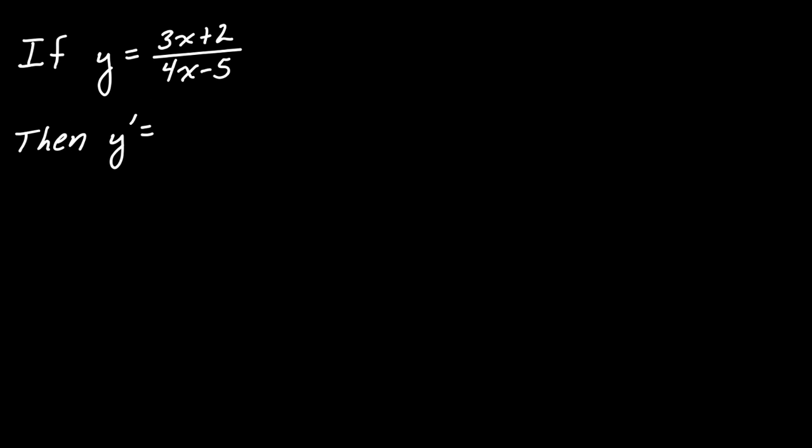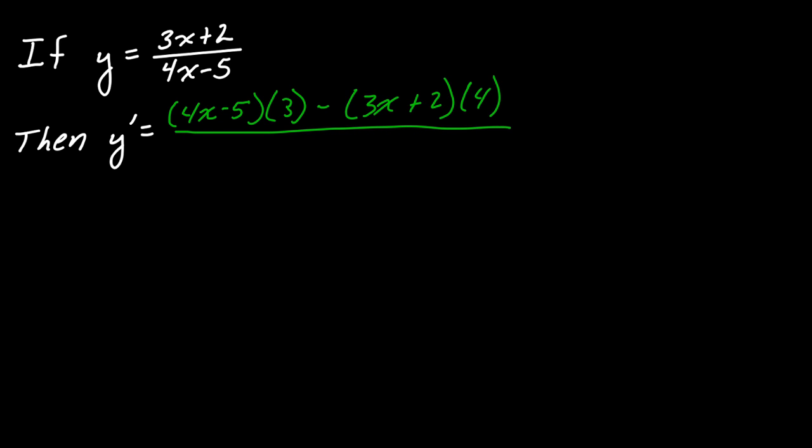All right, and then we have one more problem here with quotient rule. So we're going to apply this. Go ahead and recite this, and just recite it as you're writing it. Bottom times derivative of the top minus top times derivative of the bottom over the bottom squared. All right, so we can distribute.